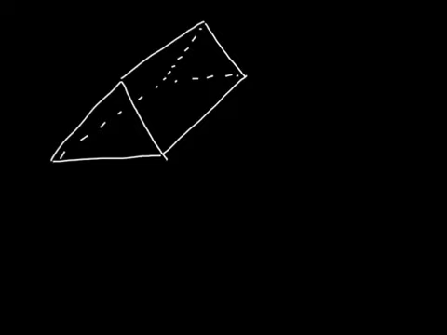Same thing with our triangular prisms. If you know the area of the face, which is this, then you can just times it by the depth and you've got your volume. So let's put in some measurements for this. Let's call that 6, let's call this 10, let's call this 20.